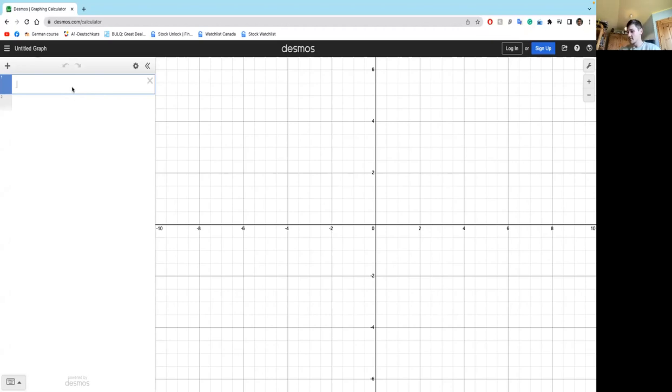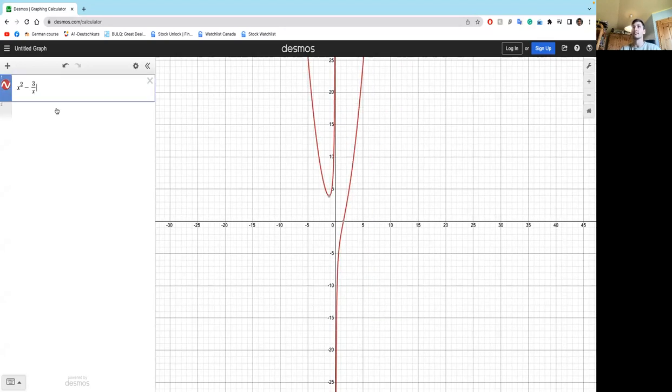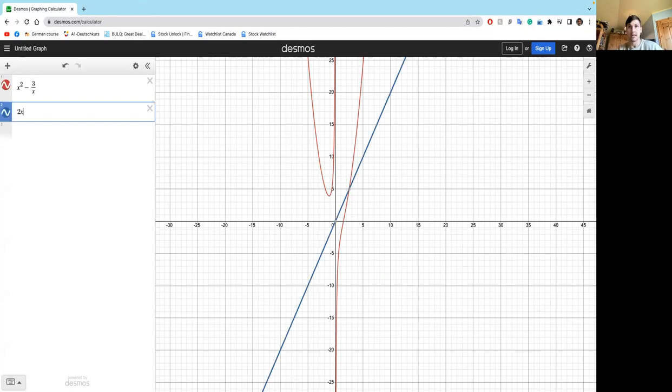Now I'm going to write in our first, so just f(x). f(x) was equal to x squared minus 3 over x. And so there is our original function f(x). Then our first derivative that we calculated is 2x minus 3 over x squared.